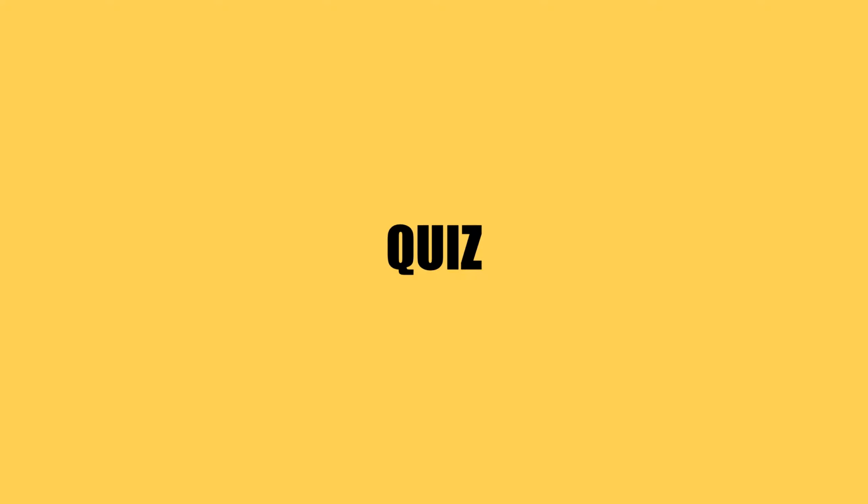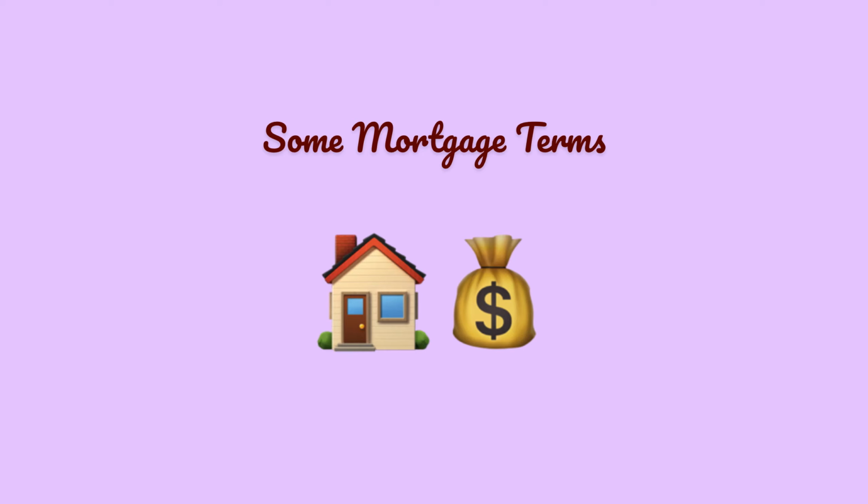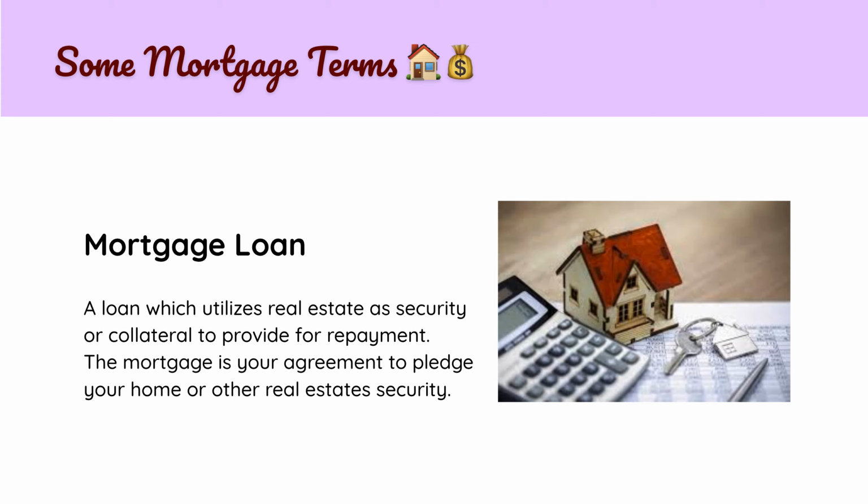And now let's review a little bit about types of loans vocabulary. Well, now to finish, let's review some mortgage terms. A mortgage loan. It's a loan which utilizes real estate as security or collateral to provide for repayment.